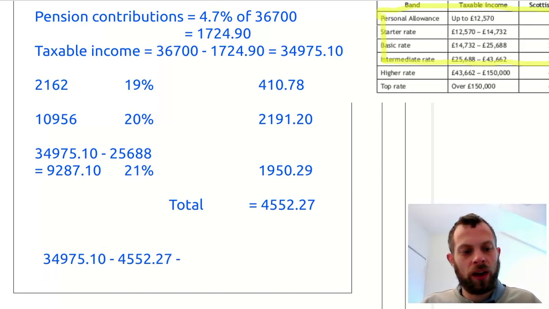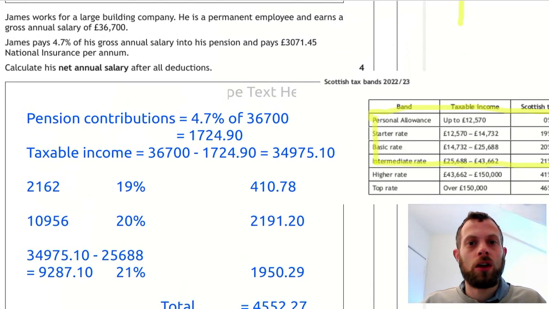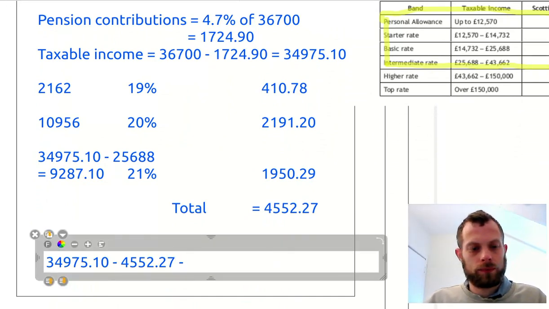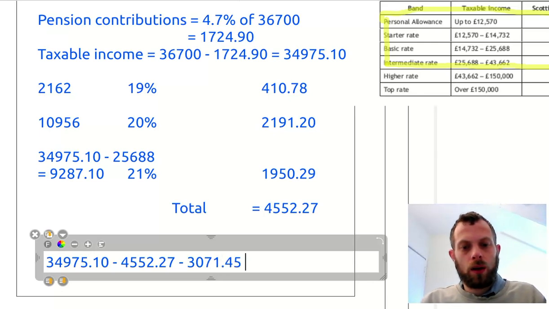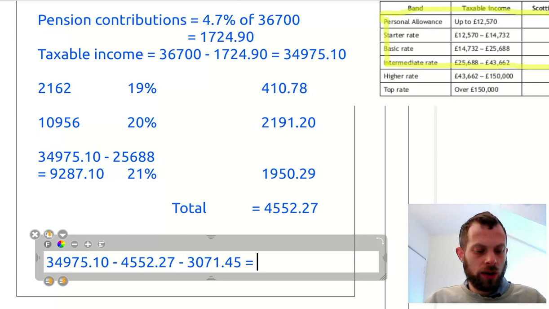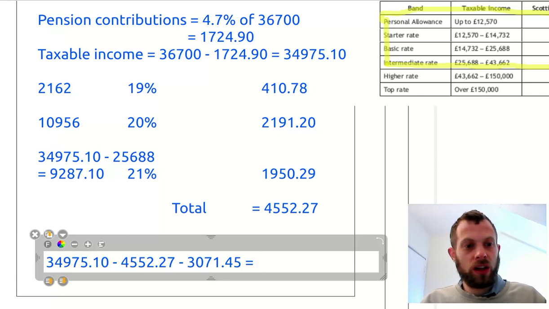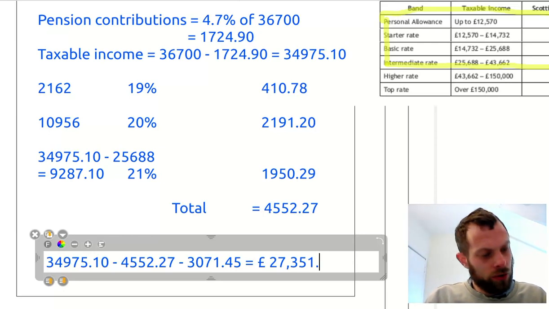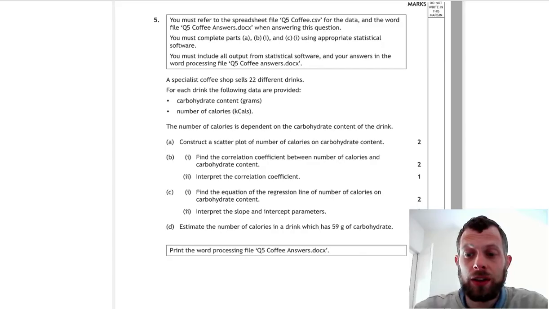We also need to take away the national insurance, 3,071.45. We don't need to take away pension contributions because we already did that when we worked out the taxable income. So at the end we should have a net salary of £27,351.38p.